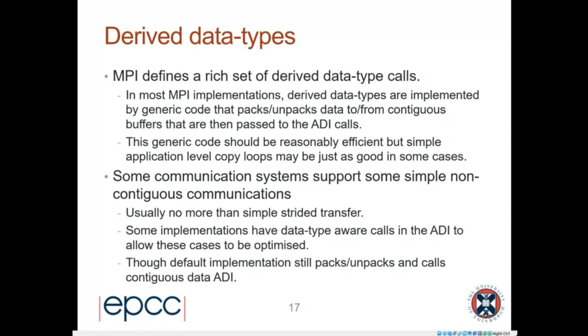You can, of course, copy into a contiguous buffer, send and copy out, but MPI has derived data types, things called vectors or subarrays, which allow you to natively send non-contiguous data. Now, at the lowest level, MPI is probably doing a copy in, copy out. So it may be quicker to do it yourself, but I would recommend using derived data types rather than copy in, copy out.